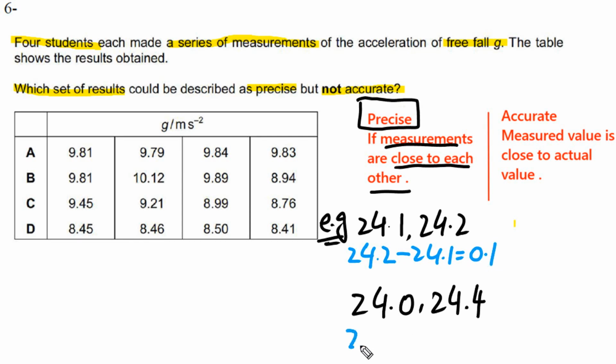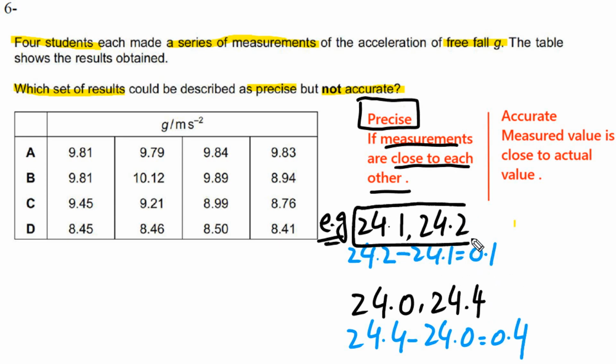For the second set, 24.4 minus 24.0, the difference is equal to 0.4. So we can conclude that the first set is more precise. This is what precision is, and based on this we will determine which option is more precise.